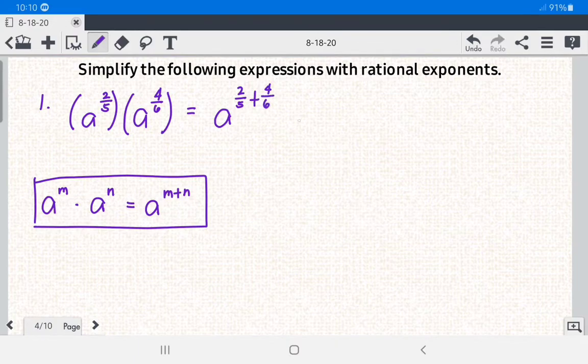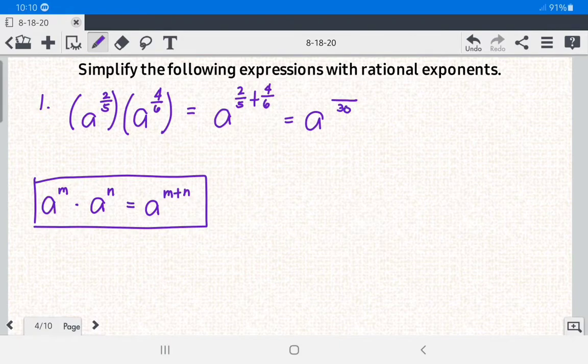Now, our next step is you will just copy a. Then for the exponents, of course, you're going to add fractions, right? What you are going to do is get the LCD. So here the least common denominator is 30.